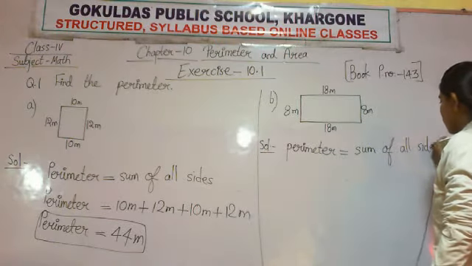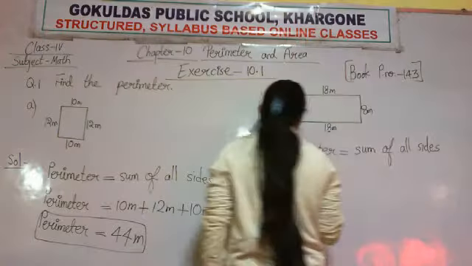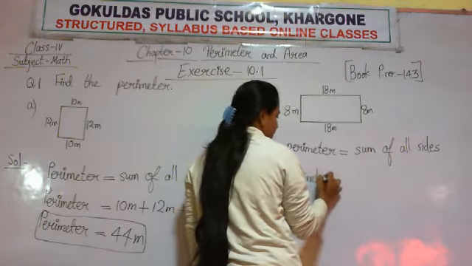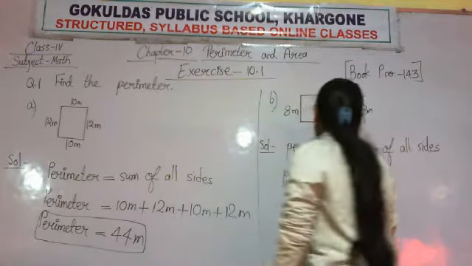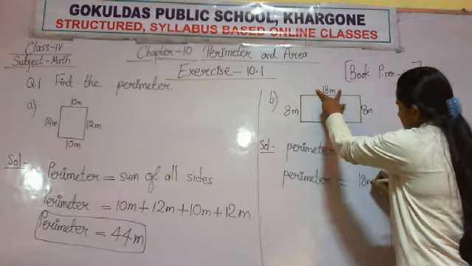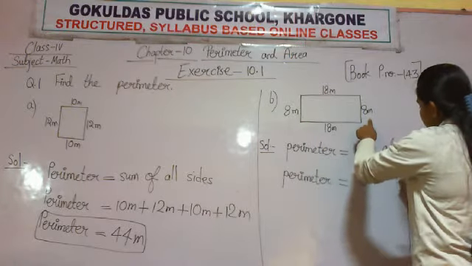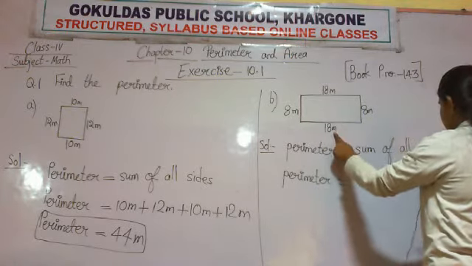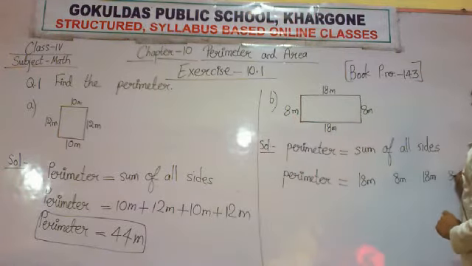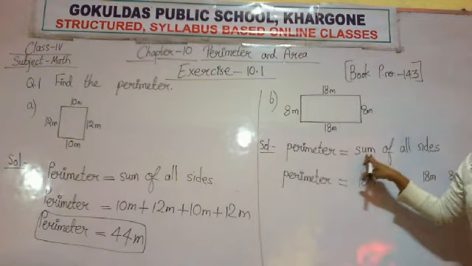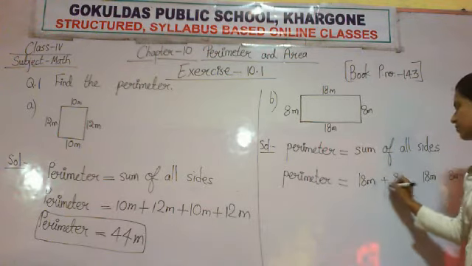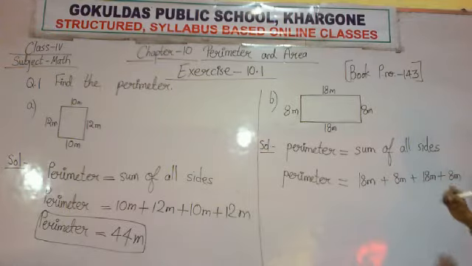Now find the sum of all sides. Perimeter is equals to sum of all sides. The first side is 18 meters, so write 18 meter. The second side is 8 meters, so write 8 meter. Then third side is 18 meter, write 18 meter. And fourth side is 8 meter. What is the formula? Sum of all sides. You want to find the sum, so put the plus symbol between all these numbers.